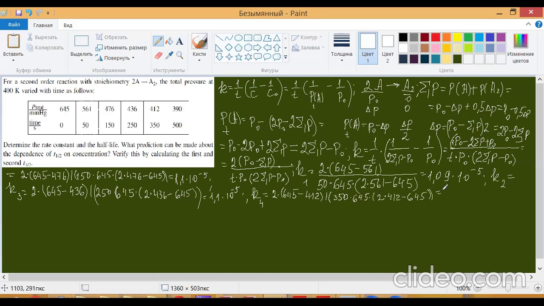I'm writing this in one line in order to minimize as much space on the screen as possible.